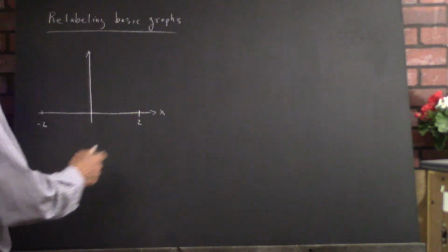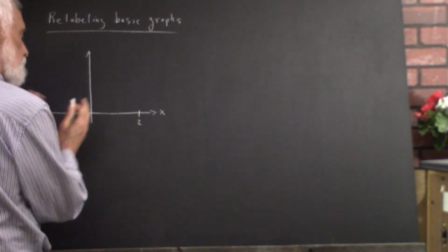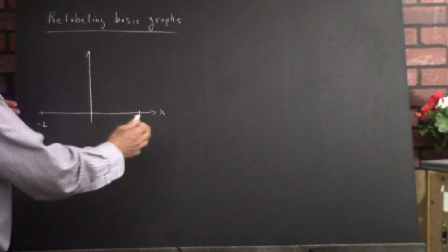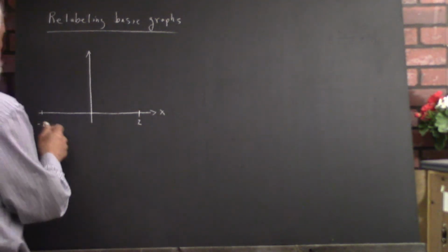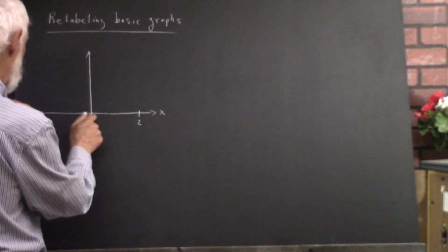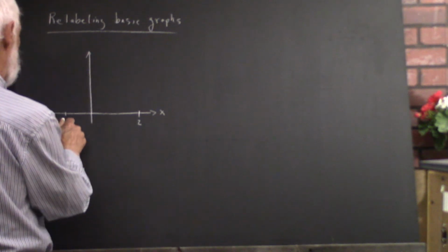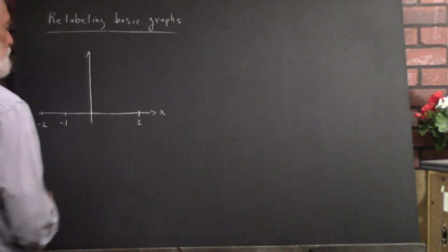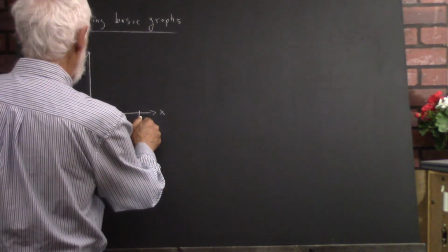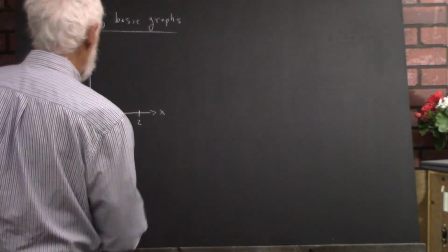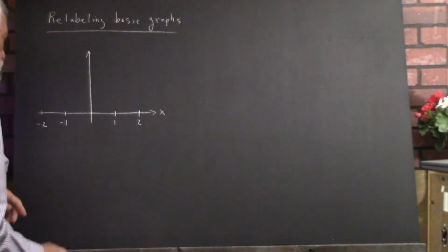So I use as much of the x-axis as I can to get that domain, the domain from -2 to 2. Okay? To make a decent graph, I want to scale the graph carefully, so I'm going to subdivide the interval from 0 to -2 as closely as I can in half. And of course, here's going to be -1. And I'll subdivide the interval from 0 to 2 in half, and that's where 1 is going to go. I think I got a little too far that way.